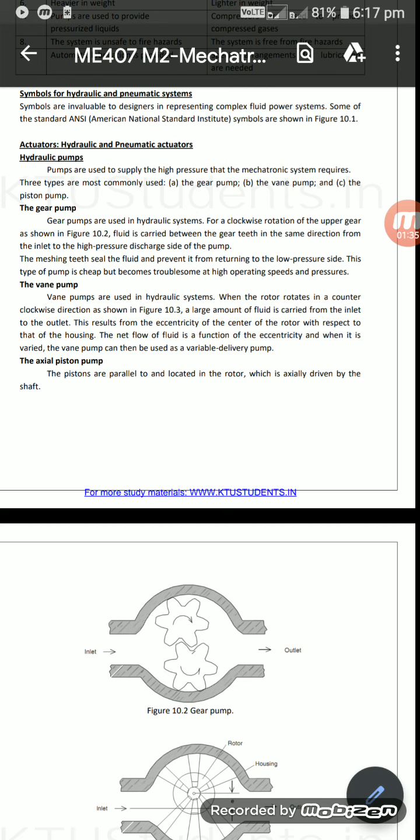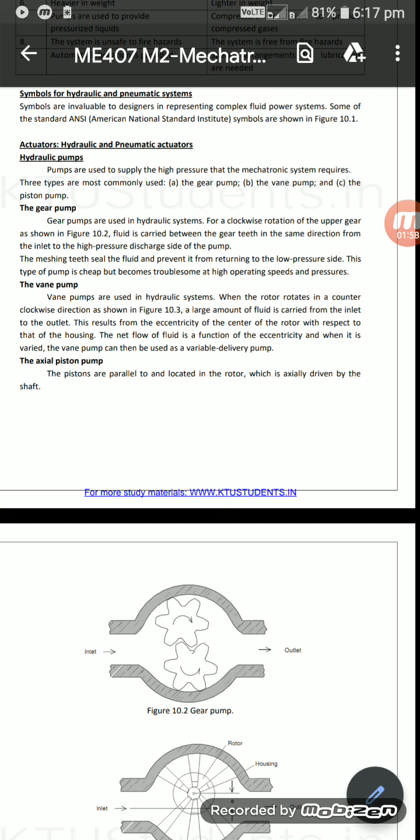Next, vane pump. In a vane pump used in hydraulic systems, when the rotor rotates counter clockwise, a large amount of the fluid is carried from the inlet to the outlet. The result is from the eccentricity of the center of the rotor with respect to the housing.